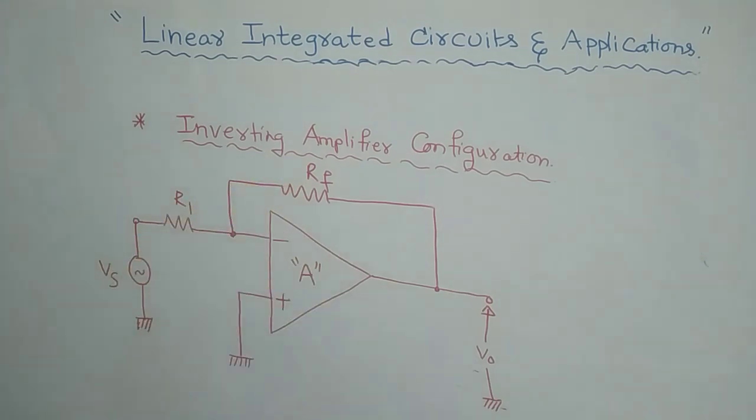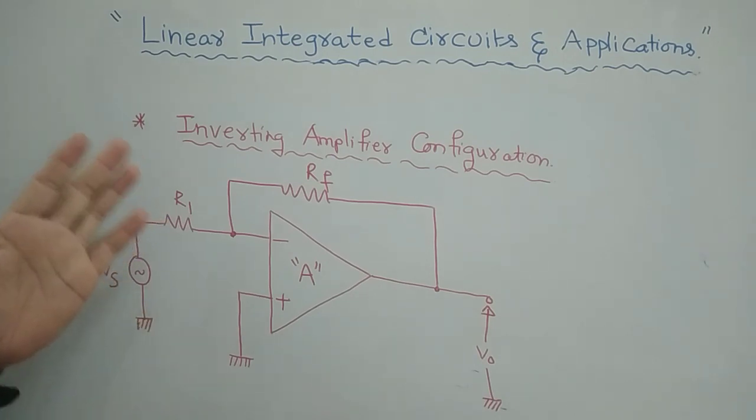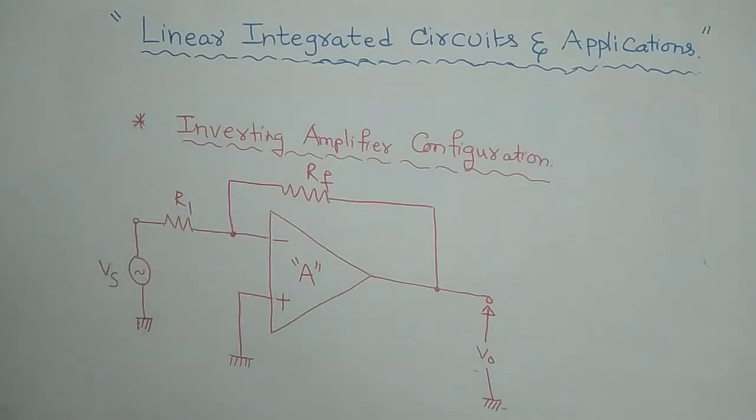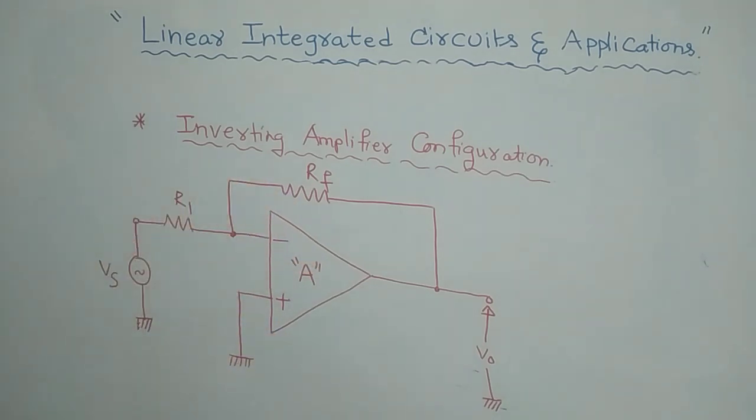These are the passive components. Normally passive components are resistors, capacitors, inductors. Along with these passive components the operational amplifier will be used, but it will not be used alone.